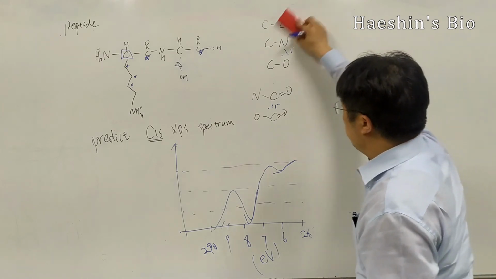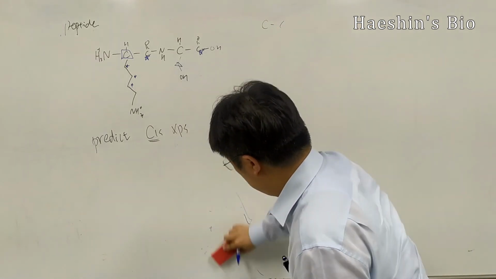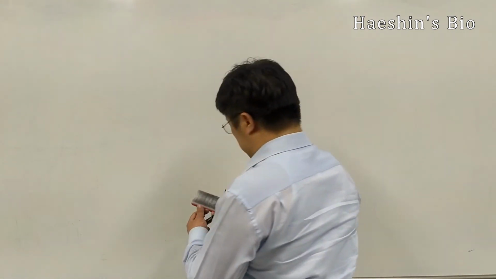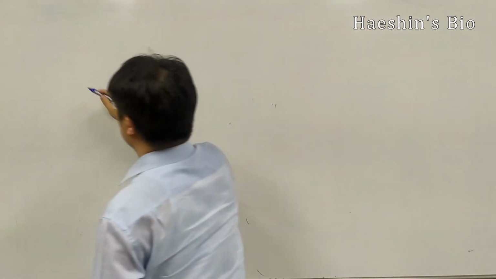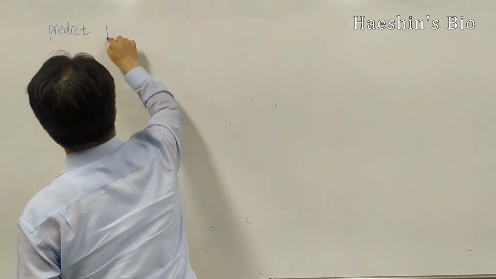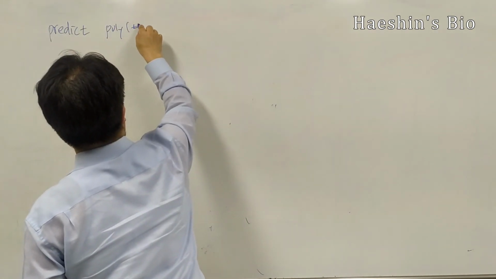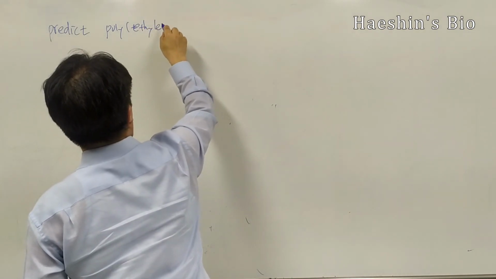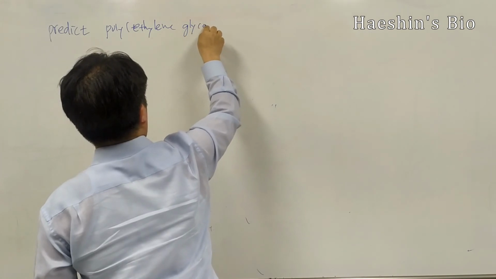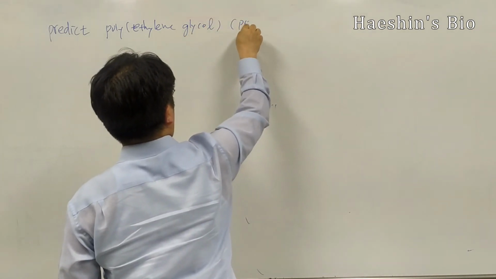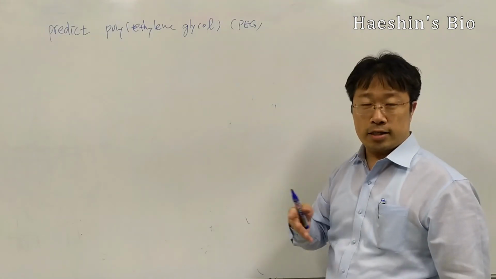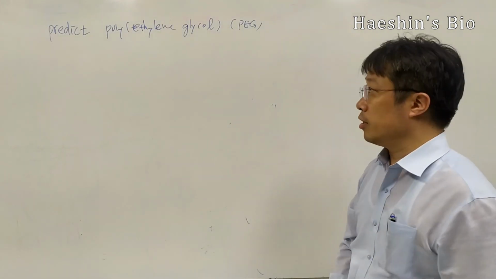Maybe also I'll give a different example. The different example is to predict polyethylene glycol, PEG. The most popular synthetic polymer that has been used for drugs and cosmetics and many things.